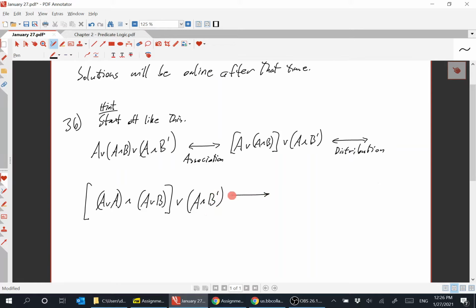And then from here, use idempotent. Idempotent is that A or A is the same as A. So this becomes A and A or B, or A and B naught.